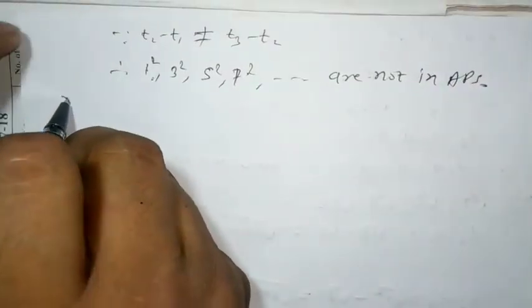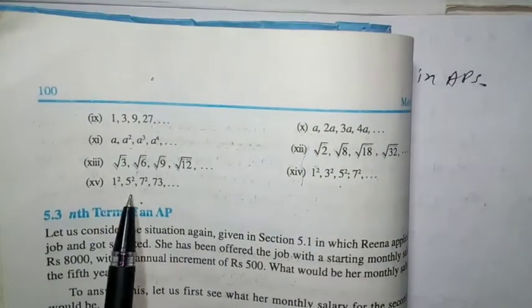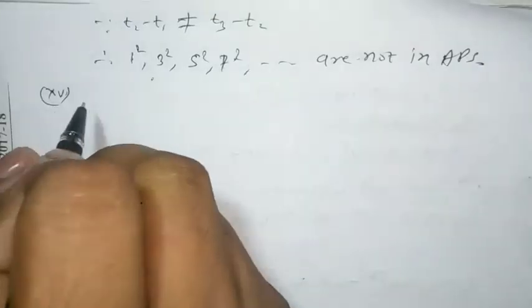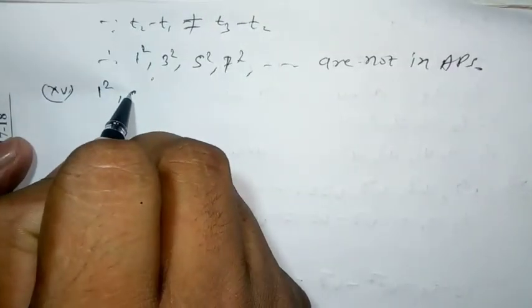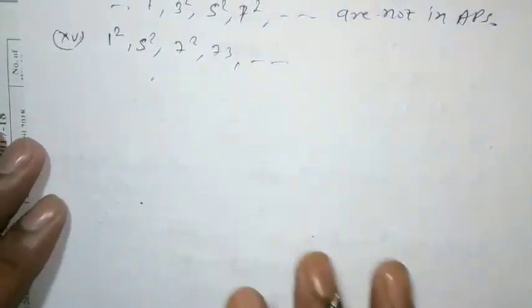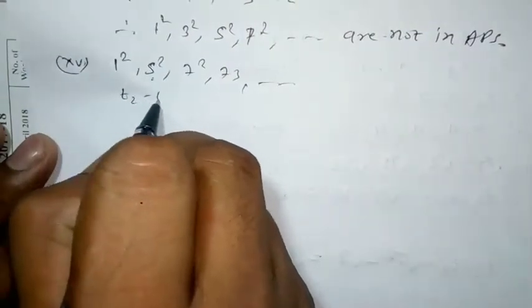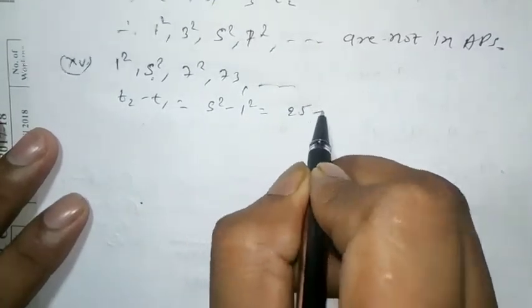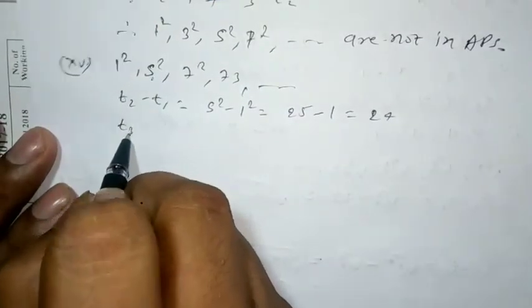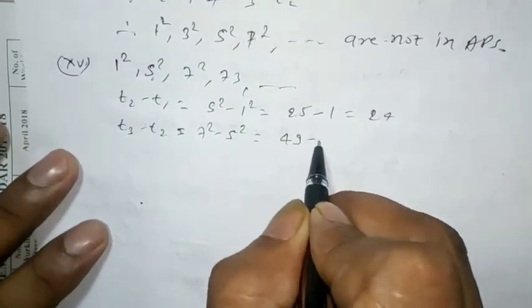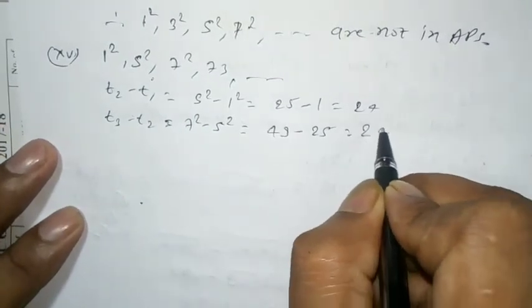Now question number 15. 1 square, 5 square, 7 square, 73 dot dot dot. T2 minus T1 is equal to 5 square minus 1 square is equal to 25 minus 1 is equal to 24. T3 minus T2 is equal to 7 square minus 5 square, 49 minus 25 is equal to also 24.